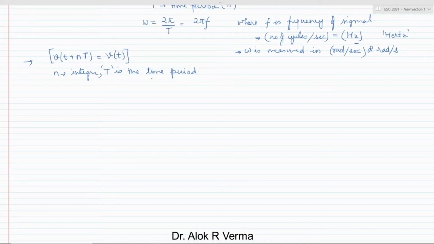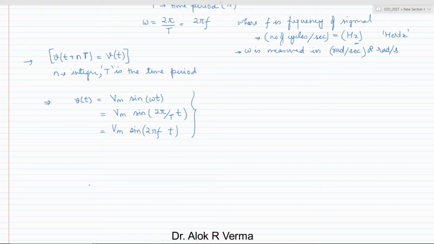So this is basically the condition of periodicity. When this holds, it means the signal is periodic with a time period of capital T. Now we can represent Vt in this form also, or in terms of parameters. Similarly, we can write in terms of frequency also. So this is the representation for the voltage Vt, and these are the terms in which it can be defined.